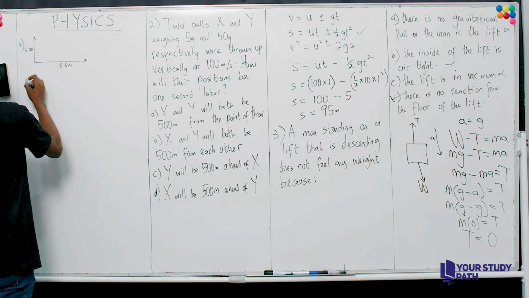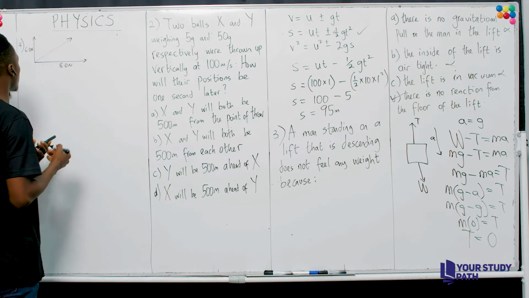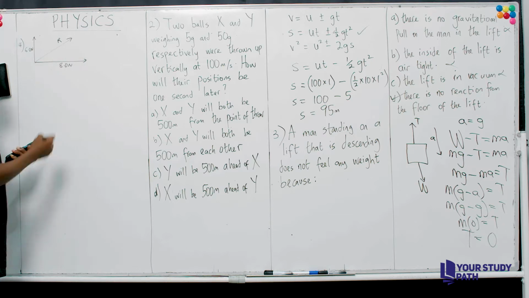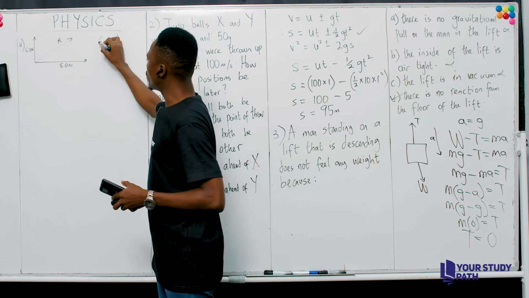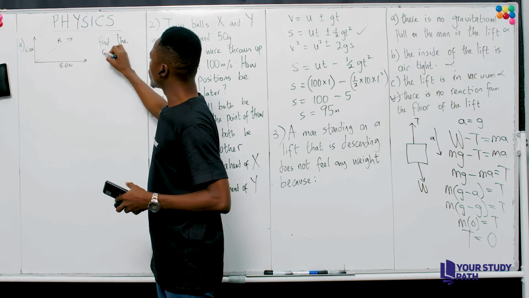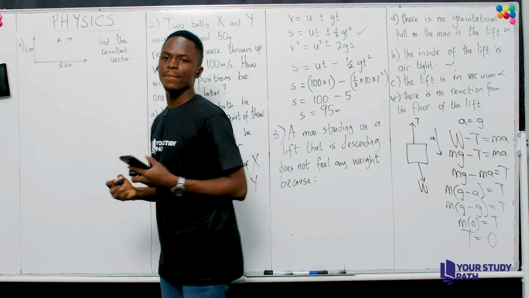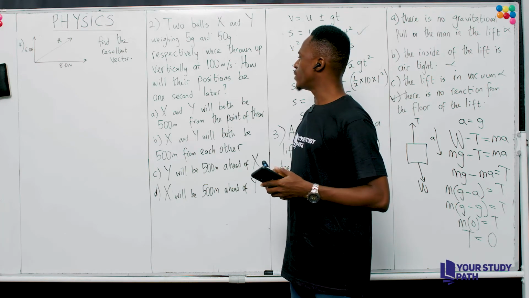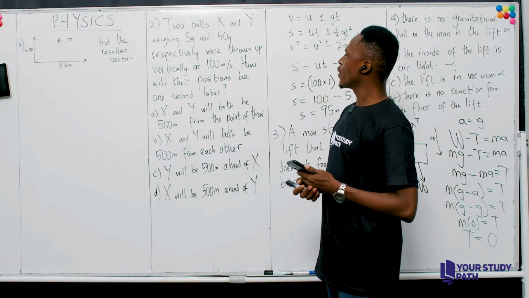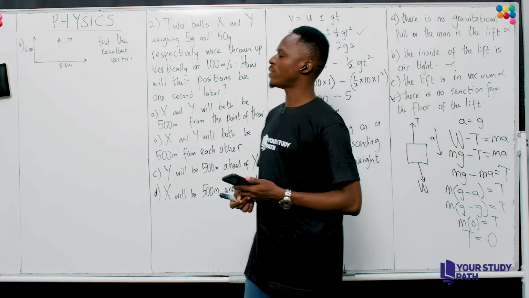We're asked to find the resultant vector R. Among the formulas we have, what is going to be the resultant vector? Let's get to see it. So this is a calculation question.